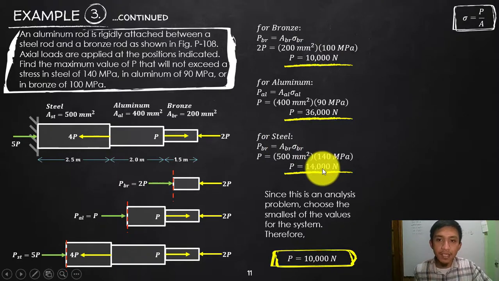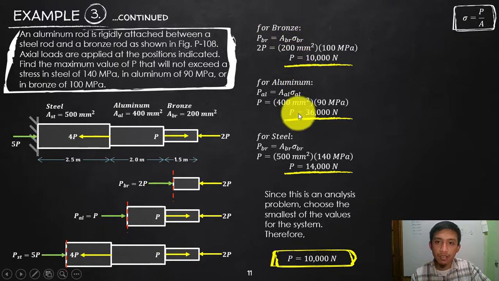So however, if that is the P that can be carried by bronze, and that is the P by the aluminum, and that is the P by the steel, then what should be carried by the entire composite member should be the least. It means that should be 10,000. That is the maximum P that will be carried, so that none of these will fail.